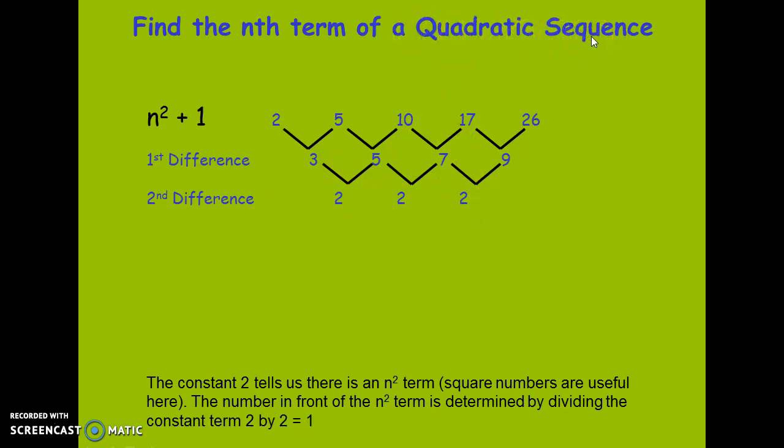So a quadratic sequence can be identified when you get the same common difference in the second difference. Now, once we have made this table, we need to identify how to find the nth term of a quadratic sequence.